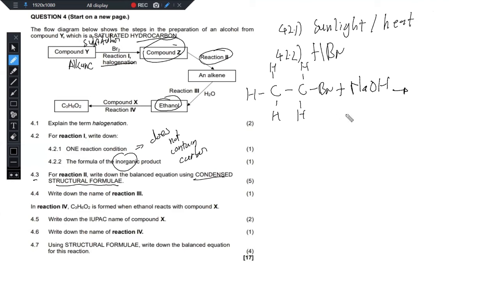They really, really love to give you those ones. Now if you react with sodium hydroxide, because this is an elimination reaction, we need to eliminate the bromine and also the hydrogen there. Note that.